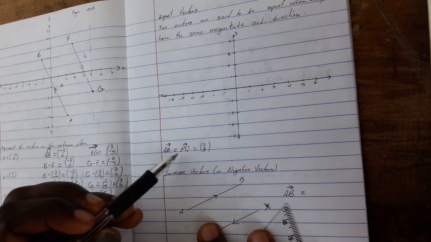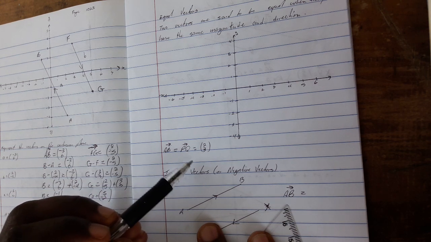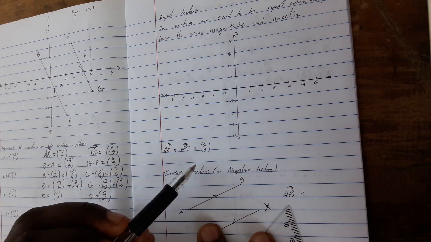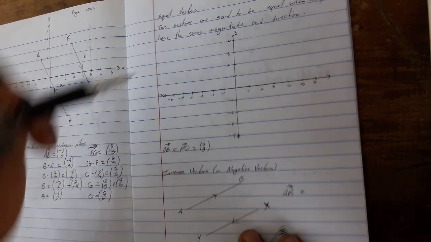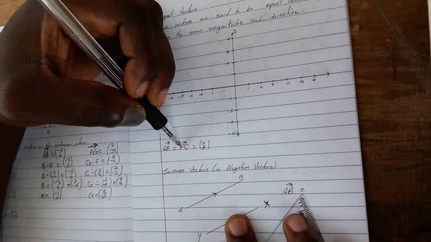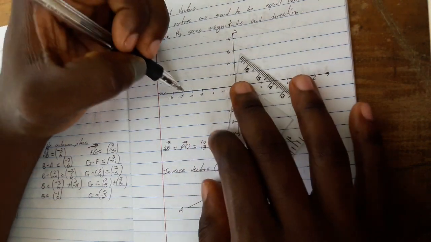If AB is equal to PQ, it doesn't matter where the vectors are on the Cartesian plane, as long as they have the same magnitude and direction and they're going in the same direction, they are equal. So that is illustrated like this. If you have AB and PQ equal to 2 and 3, let me put AB here.